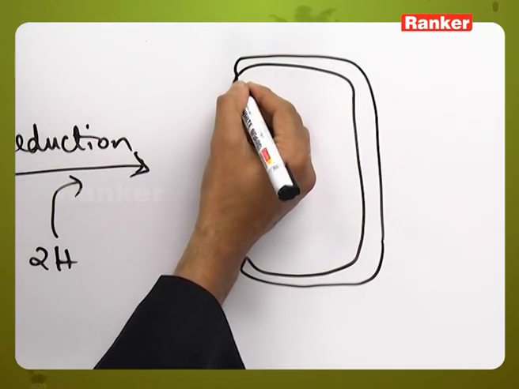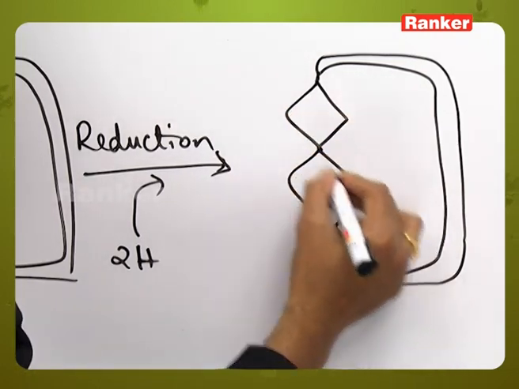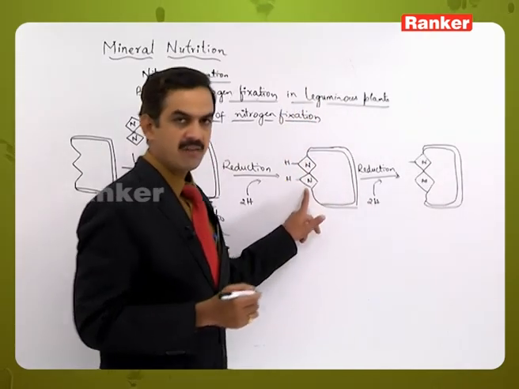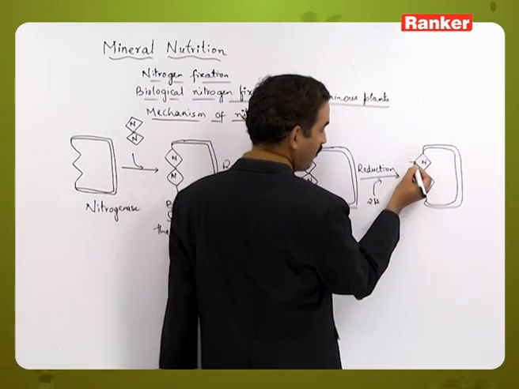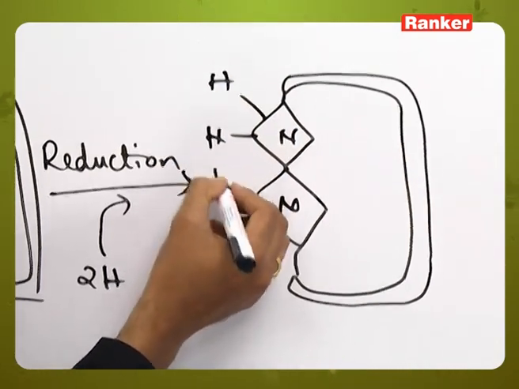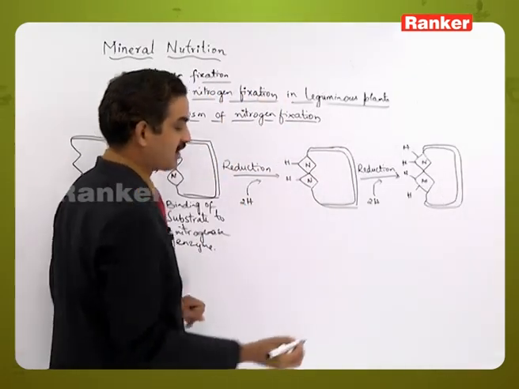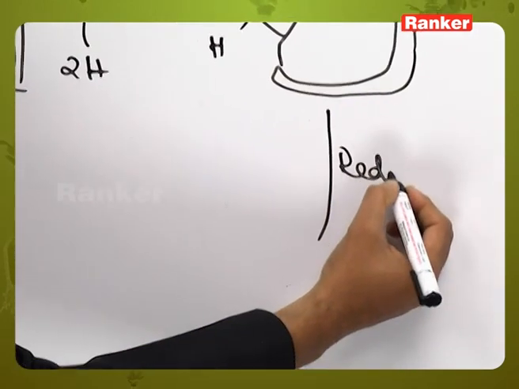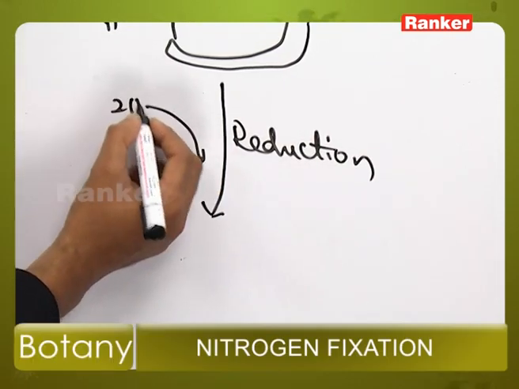The nitrogen already has formed bonding with one hydrogen each. Now they form bonds with two of them like this. Then further reduction will take place, where two more hydrogens will be added.